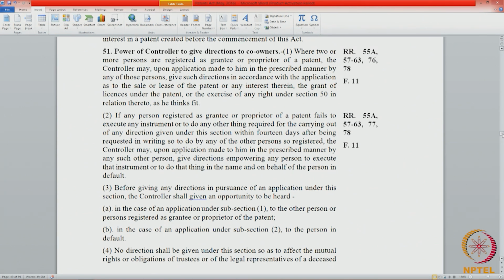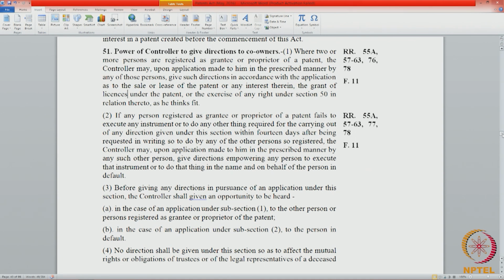So, 51(1) and 51(2) are 2 different instances where the controller can give a direction. In 51(1), the controller can give directions generally with regard to any application made with regard to sale, lease, license or any of the rights under Section 50. In 51(2), there is an instrument for execution.